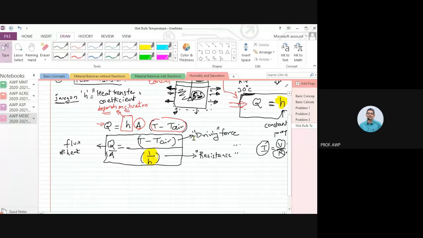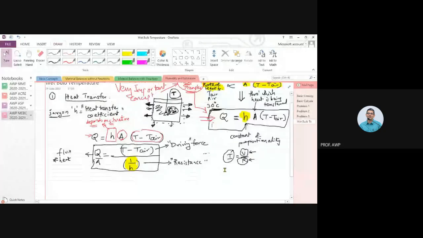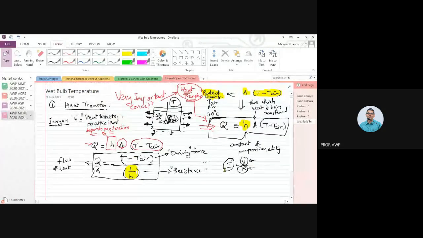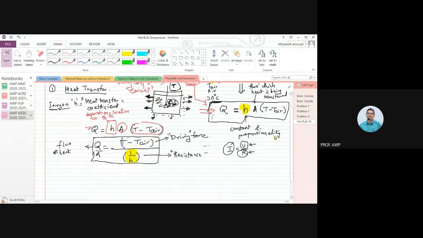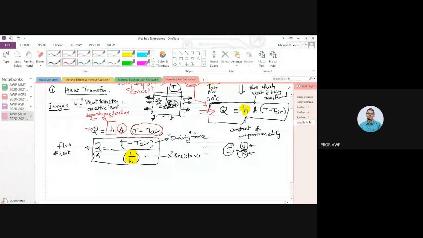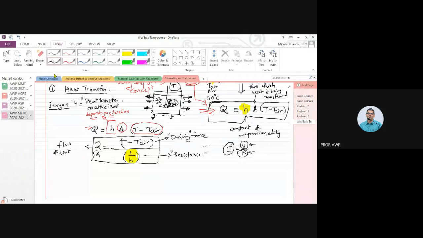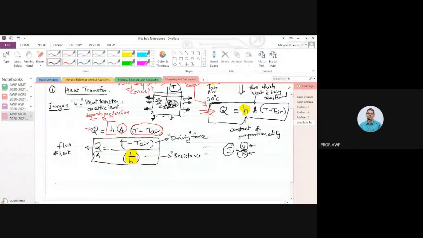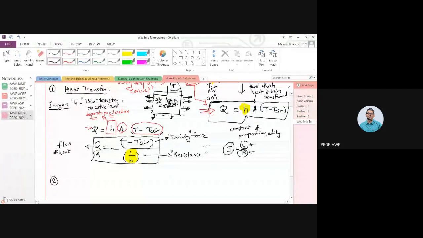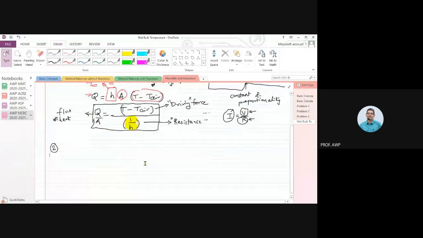Just because you have raised the doubt whether the rate of heat transfer will be linear or not linear, we will again revisit this after some time if you want. Let's not get diverted from our objective today. Rate of heat transfer will not be linear, but that's okay.